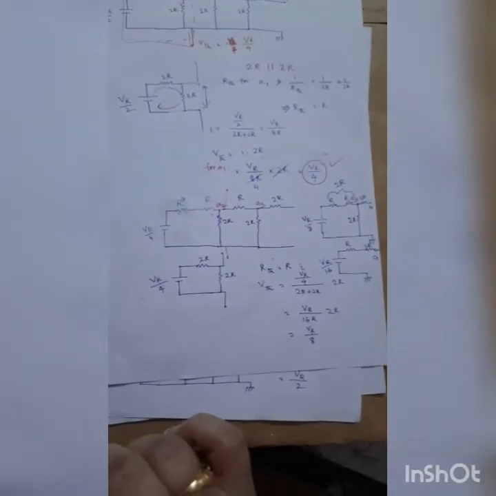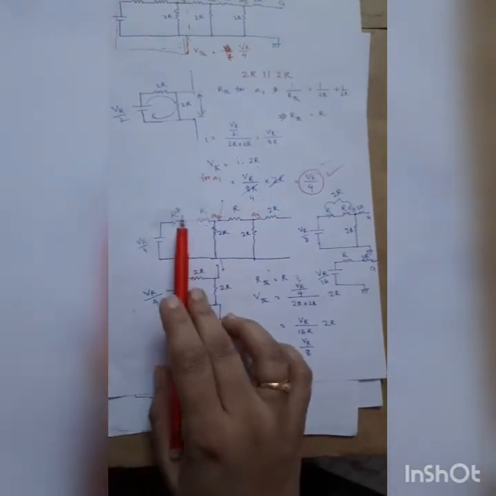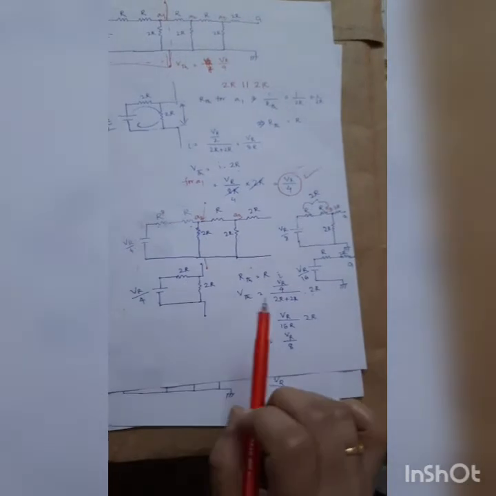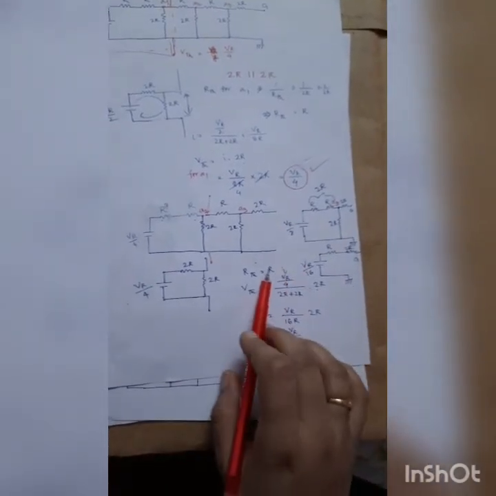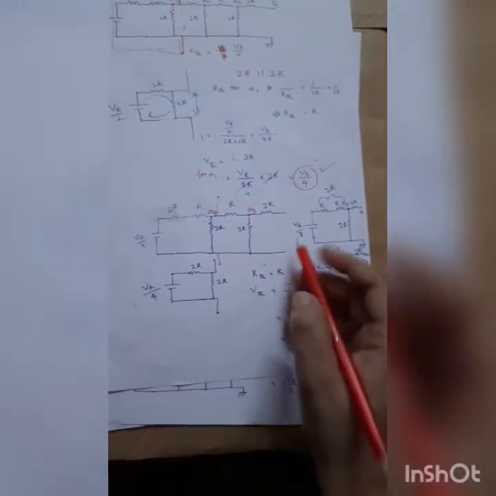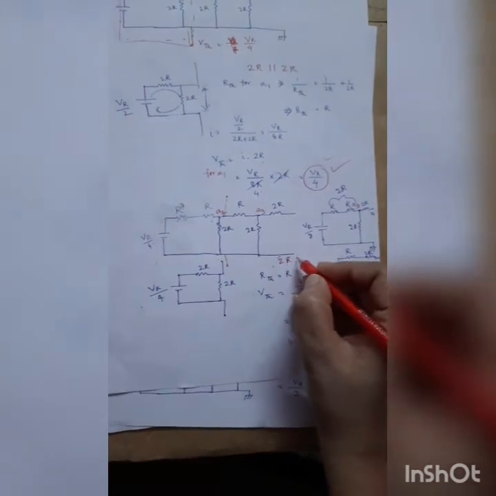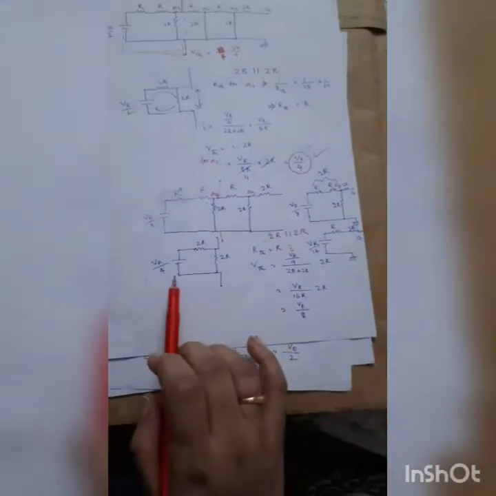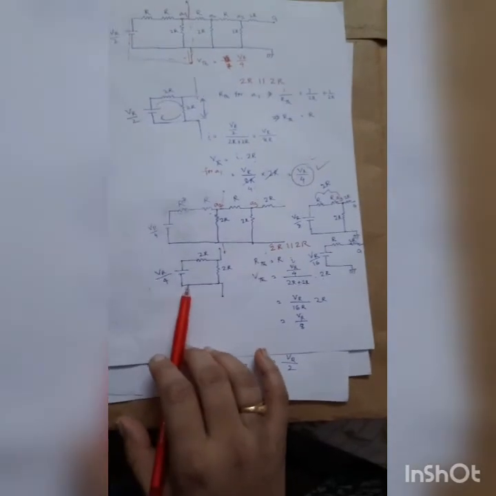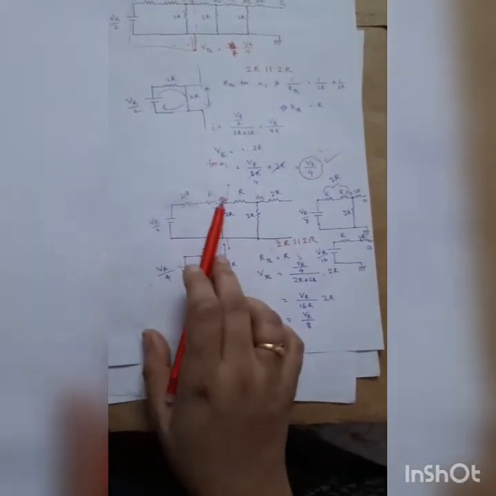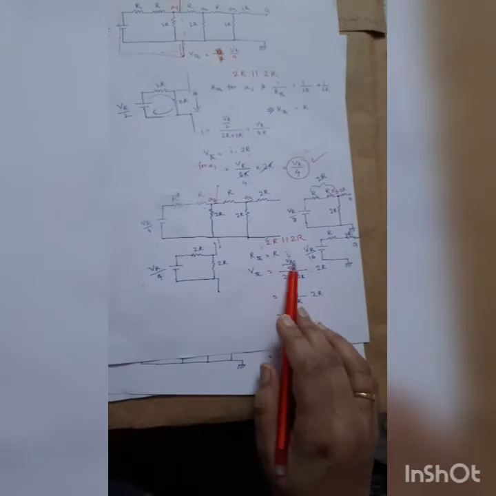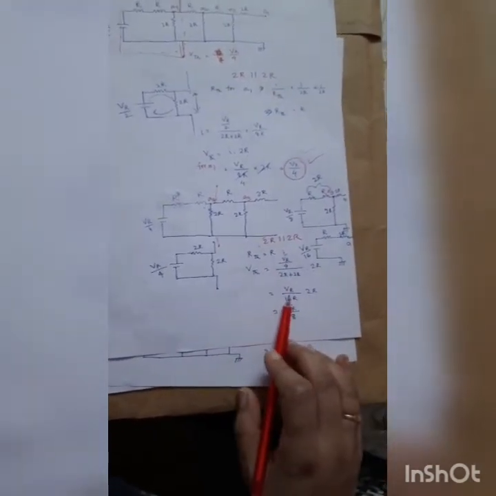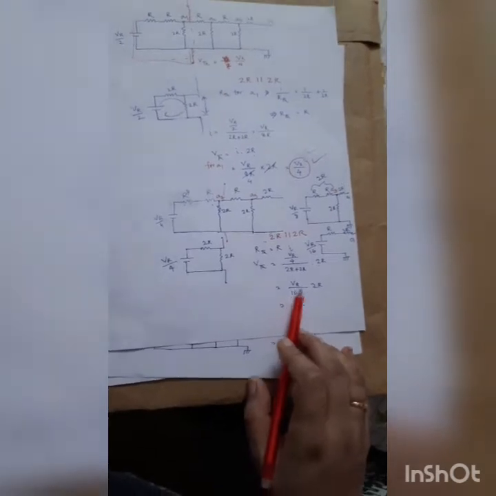Again it is 2R and 2R, so the equivalent resistance will be again R, because again 2R is parallel with 2R. And the VTH for point A2 will be VR by 4 divided by 2R plus 2R, into 2R.